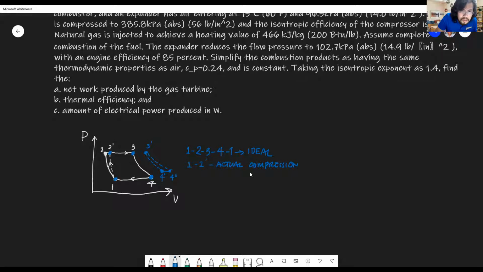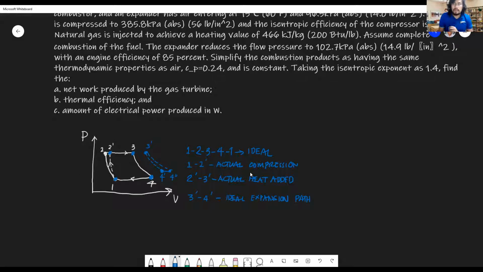So we have 2 to 3 prime as the actual heat added. And the 3 prime to 4 prime is the ideal. This is again in the expander, the expansion path.